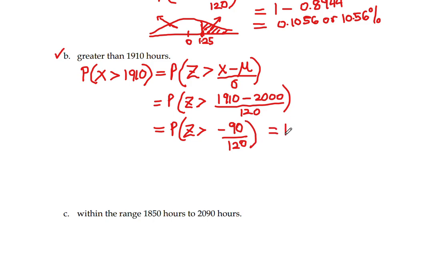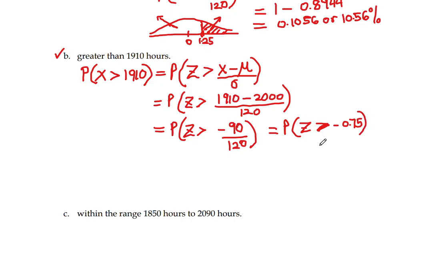When we simplify this further, we have negative 90 divided by 120, and so we're going to get the probability that z, notice I keep carrying forward the z and the greater than sign until we have finished the problem by reading from the table and doing the necessary simplification. So this is going to be the probability that z is greater than negative 0.75.